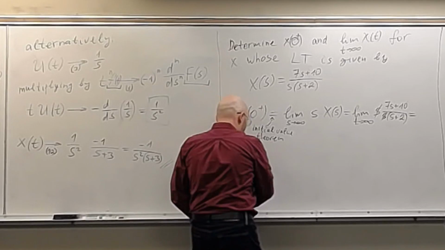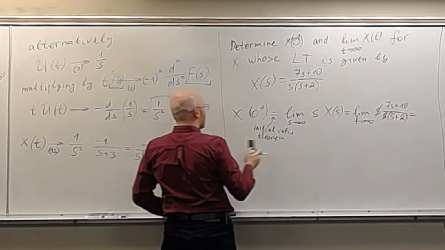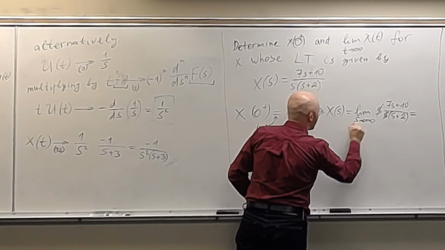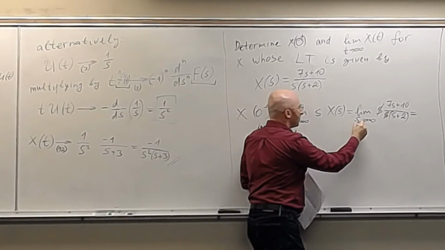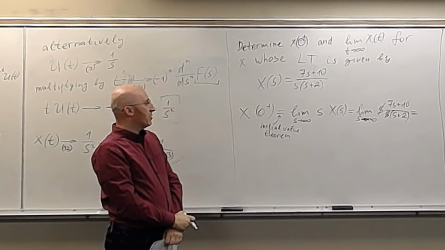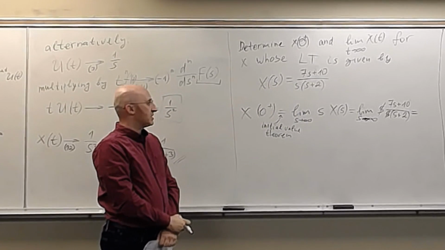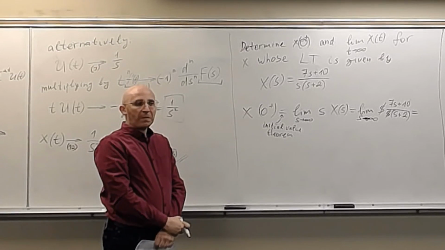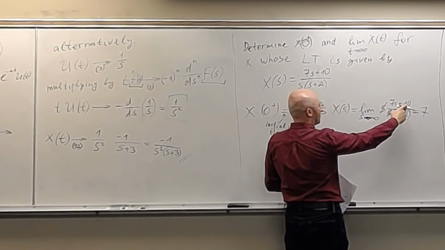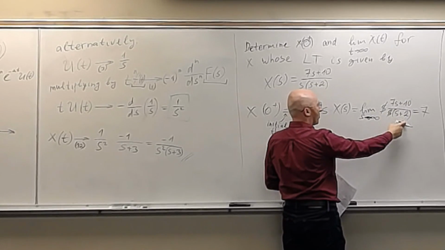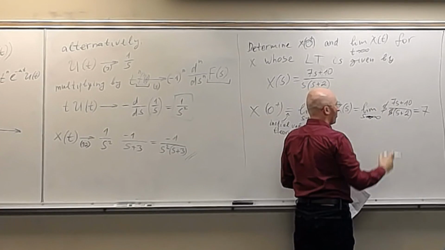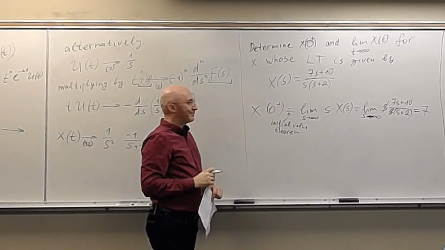Or sorry, it's not the limit of t, it's the limit of s, as s goes to infinity of (7s + 10) over (s + 2). It's 7, because this number could be ignored compared to that number, and this number could be ignored compared to that number, which is very big. So it's 7s divided by s, which is 7. Okay.